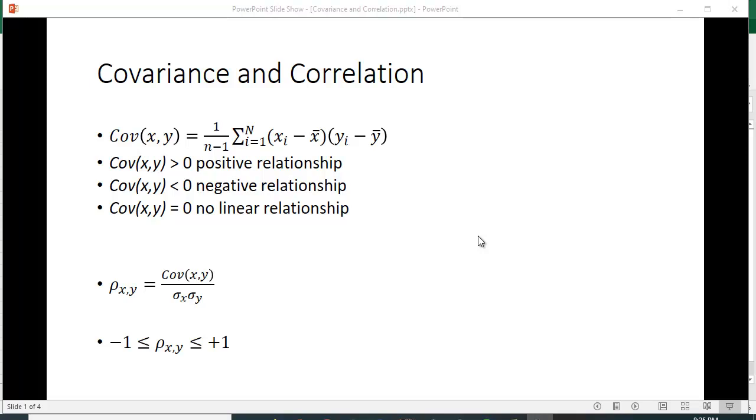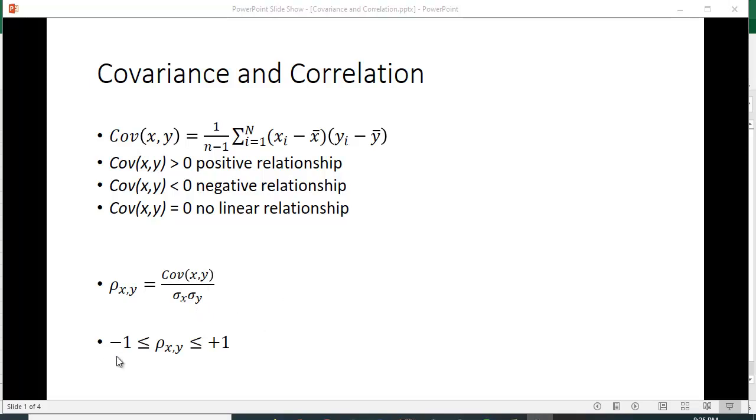And that has to do with the units of x and y, or of a and b and c and d. So what we oftentimes do is we scale it to something known as correlation. Correlation here is denoted by the Greek letter rho. So correlation is the covariance divided by the standard deviation of x times the standard deviation of y.